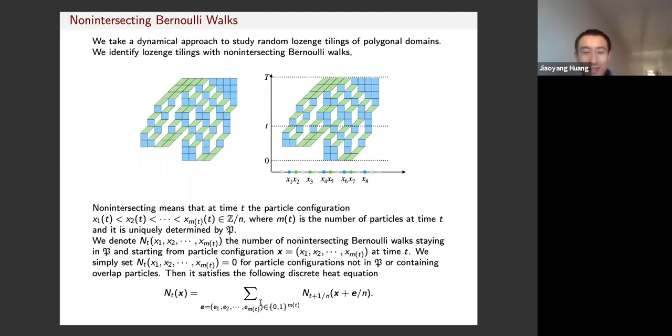So this equals the sum of N_{t+1} over n, at the new configuration x plus e over n. So you have this recursion.